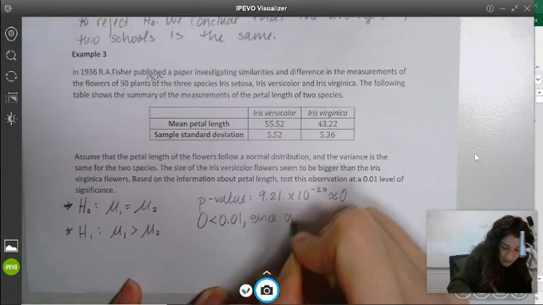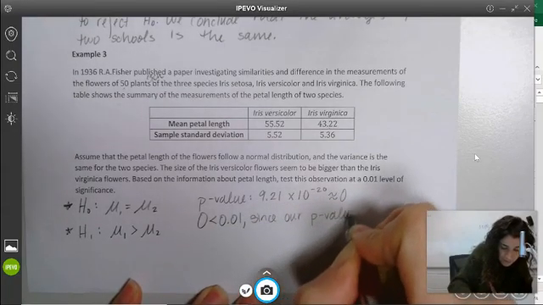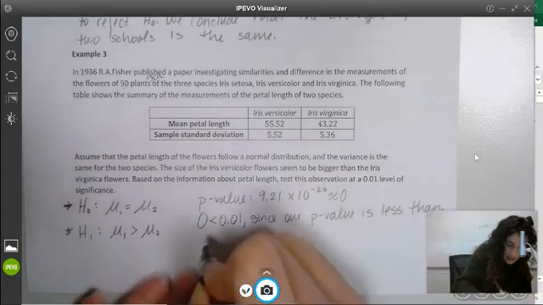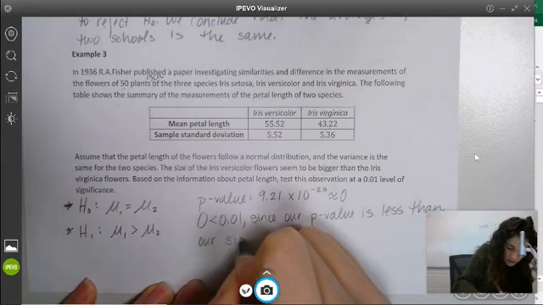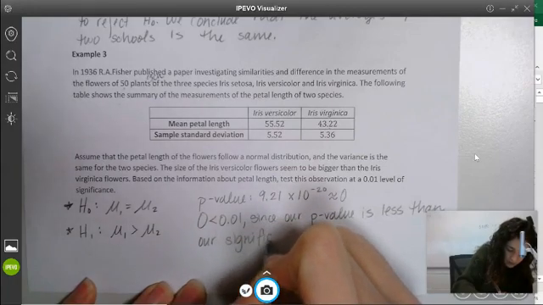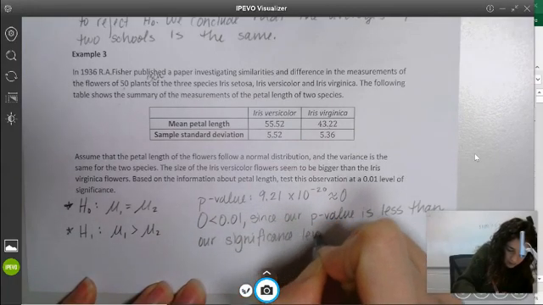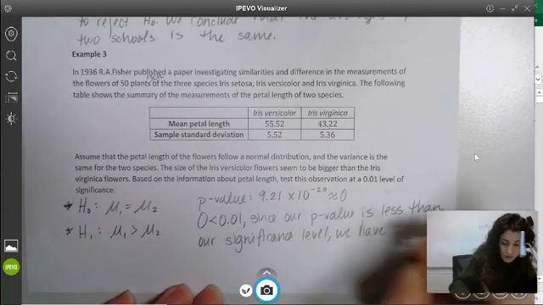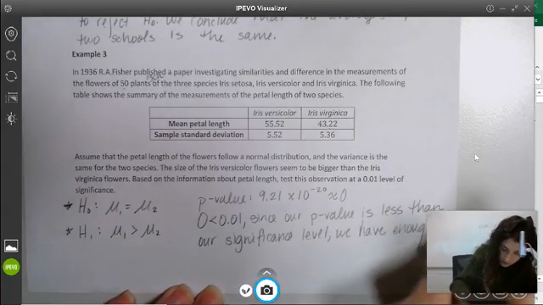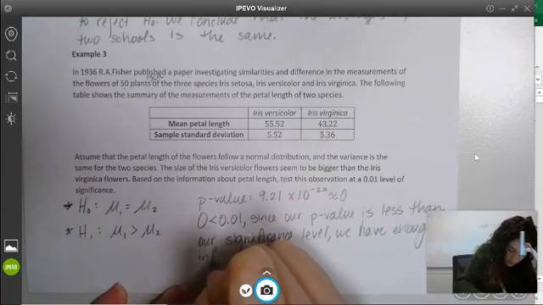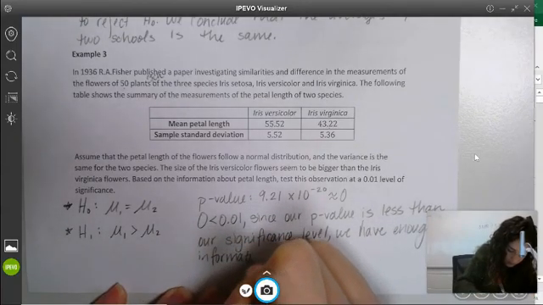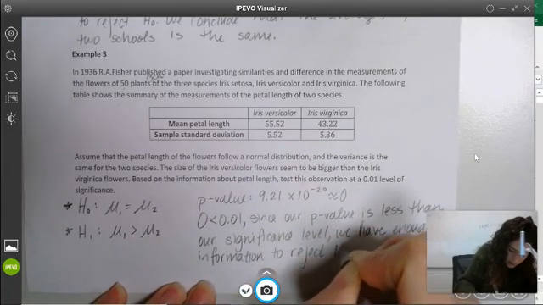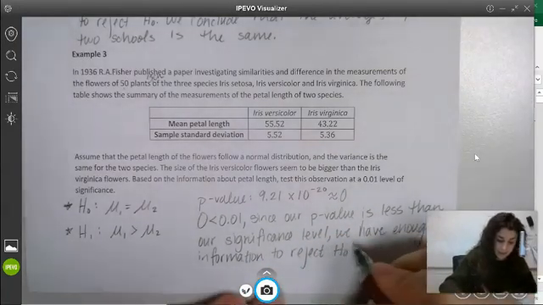So since our p-value is less than our significance level, we have enough information to reject the null hypothesis.